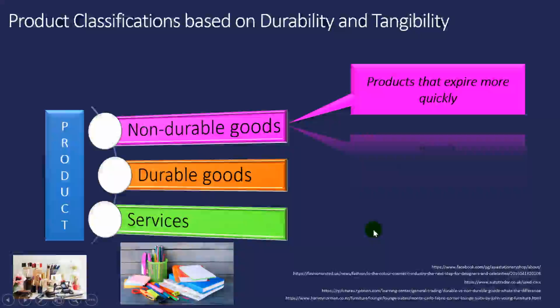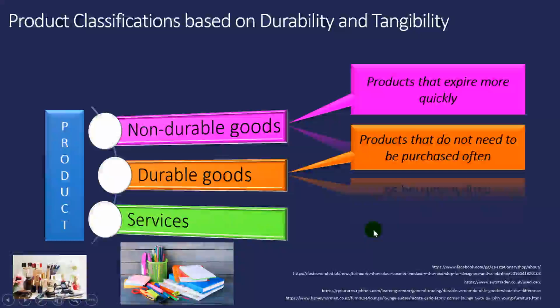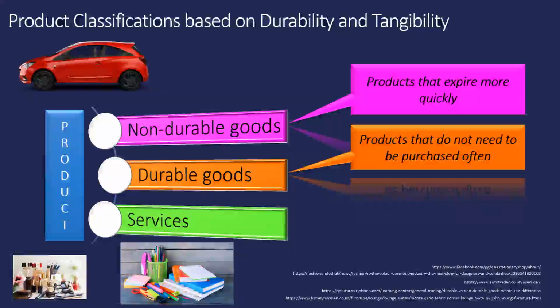The next one is durable goods. These are the products that do not need to be purchased often, so we can guess they are products that can stand for a long time. For example, a car. Usually when people buy a car, it will stand for a long time.